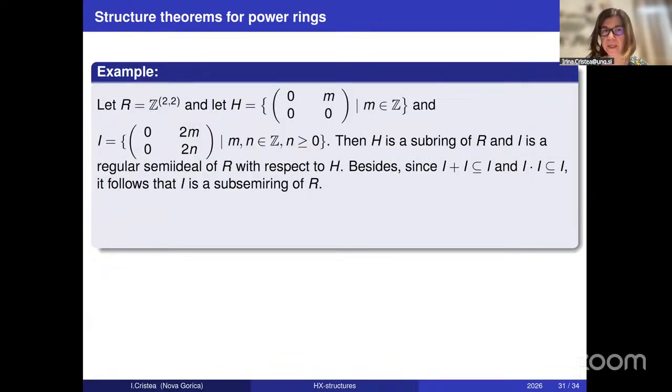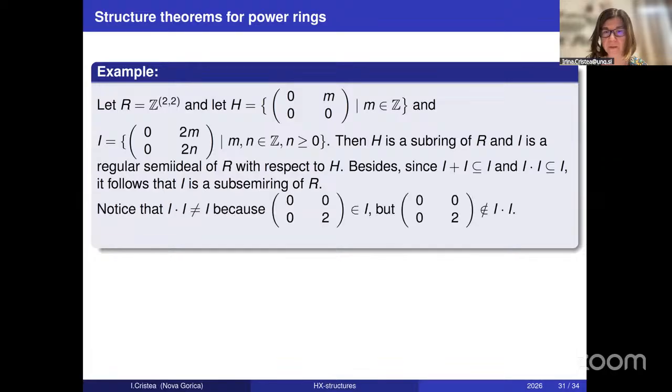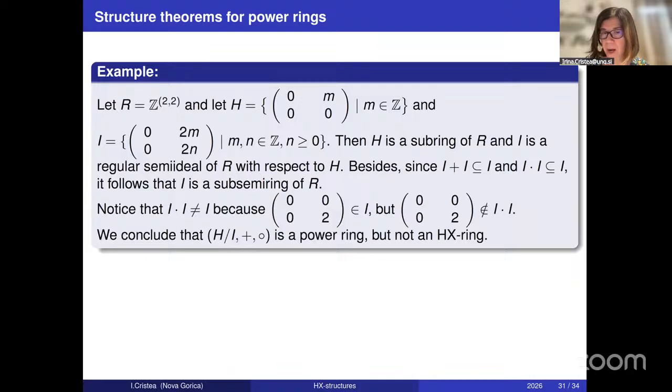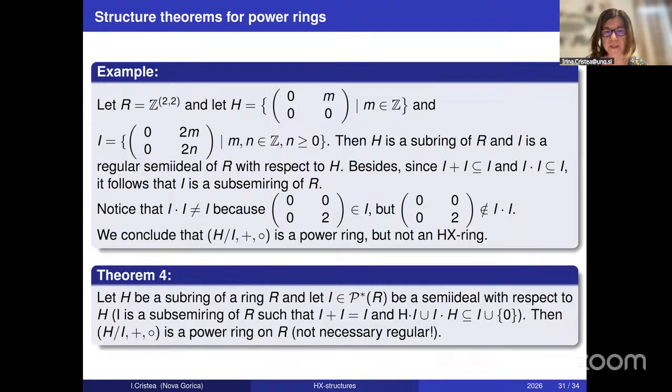Again, an example on the set of matrices 2 by 2. And this is an example of a power ring, but not of an HX ring. So these two structures are distinct structures. And these are the last theorems where the notion of semi-ideal with respect to a subring was defined.